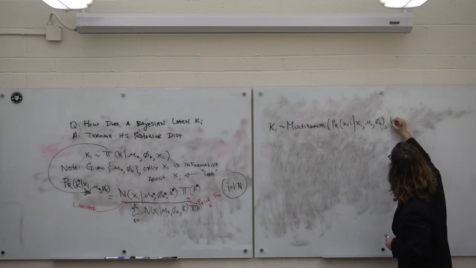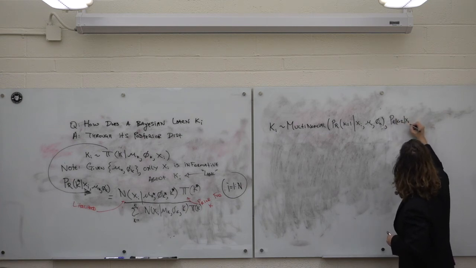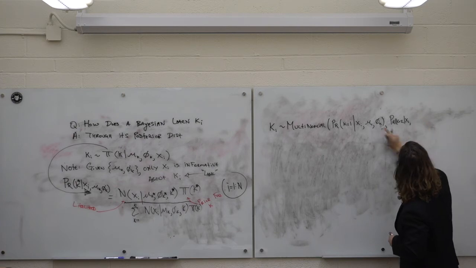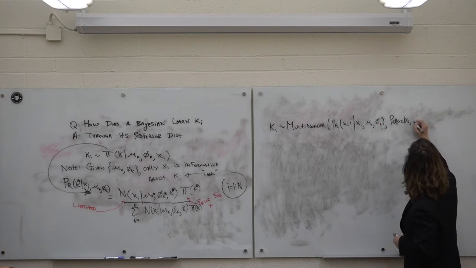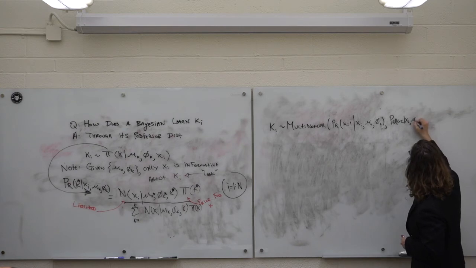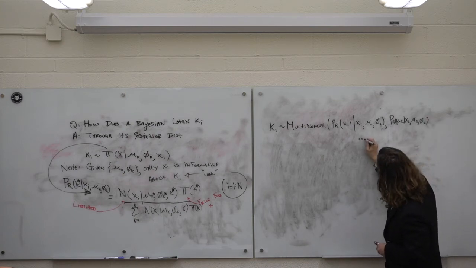I have another one, probability that K was equal to 2 given Xi, mu 2, phi 2. And I'll continue right here.